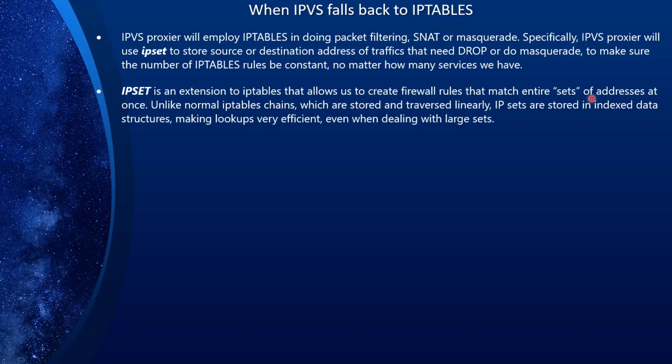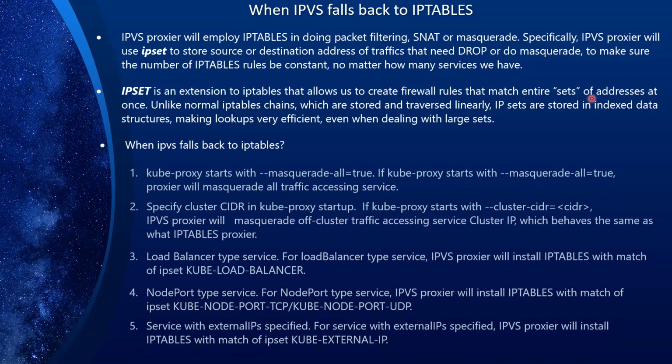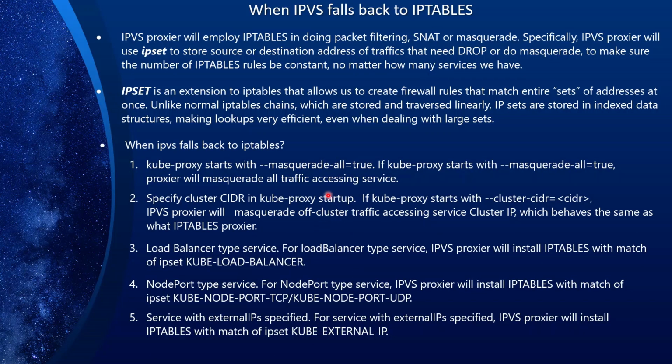So what are some of those situations where ipvs will fall back to iptables? Really, all of them deal with situations where you want to provide external access to your services in the Kubernetes environment. You might be familiar with node port and load balancer, but there are other ways that you can do that. One is setting, when you start the proxy, kube-proxy, you pass in masquerade-all, and then provide the routes from outside into your Kubernetes.